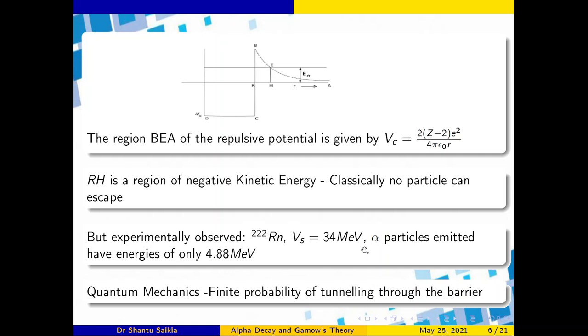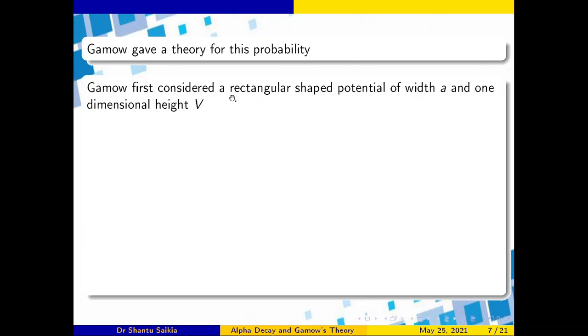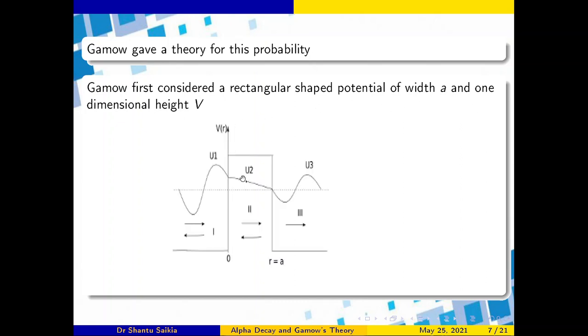Whatever we will be doing beyond this is about quantum mechanical tunneling and developing a theory for that. Gamow developed a theory which gave the probability of the alpha particle coming out of the nucleus. He considered a rectangular potential of width A and one-dimensional height V. Instead of considering the actual potential, initially he said, let us consider a barrier height.